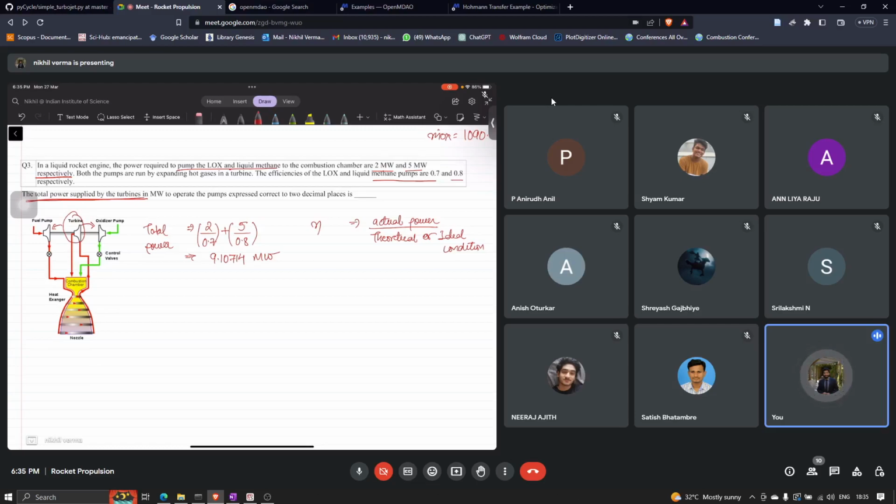For the pump case it will be opposite, because in the actual case there will be losses, and you will be supplying more actual power than the theoretical.